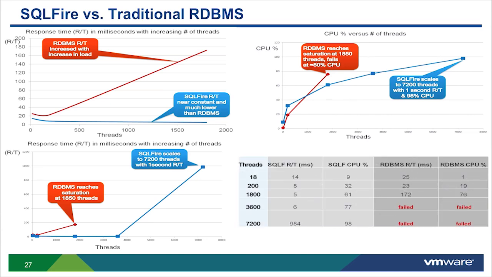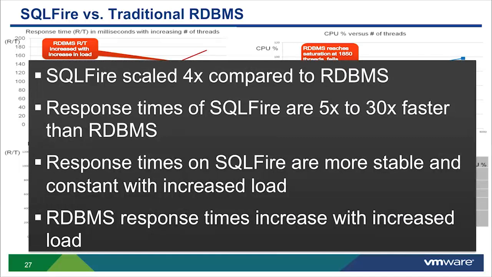So this table summarizes the tests that we did. We went from 18 threads to 7,200 threads. And as you can see in the red label, everything failed after a certain number of threads for the database. So what we can take away from this test is, first of all, we got 4 times the scalability with SQL Fire compared to a relational database.